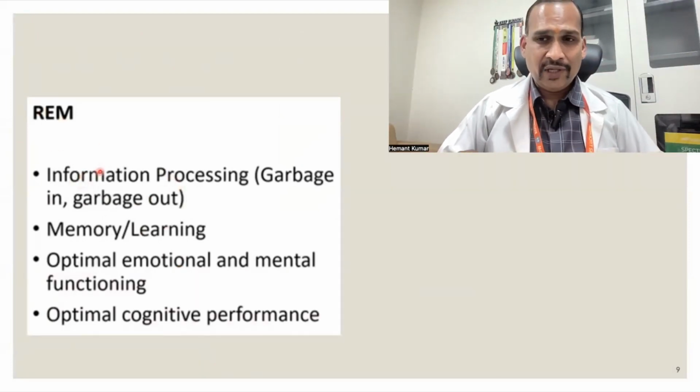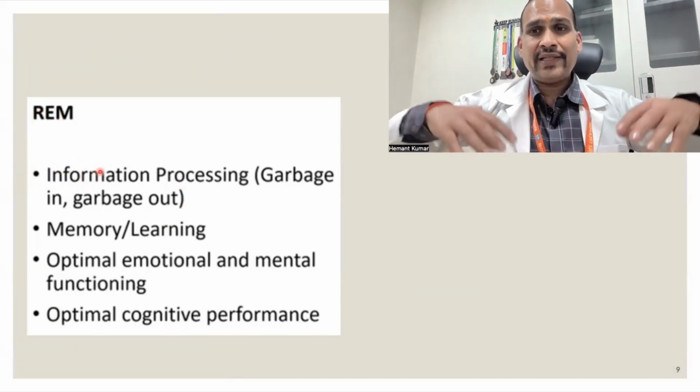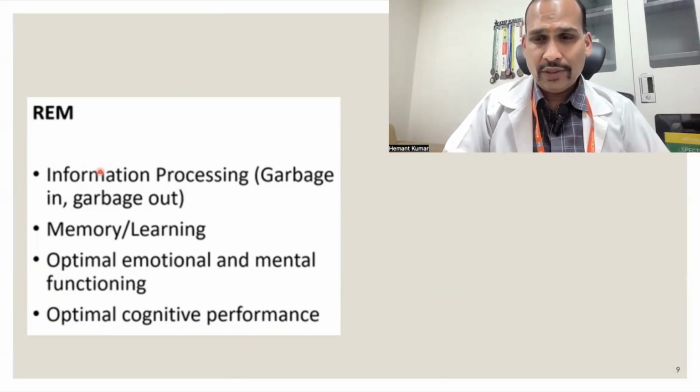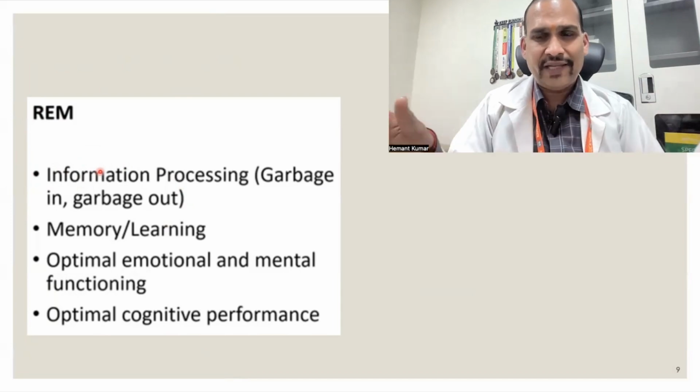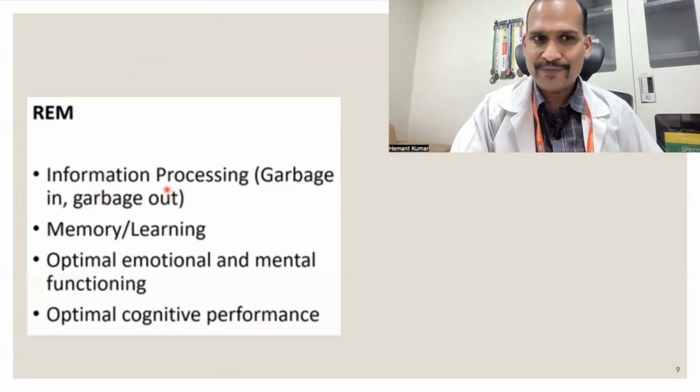Whatever thinking, good thinking is stored inside, bad thinking is going away. So you can feel whenever you get up in the morning, you feel fresh. There is no conflict with anyone, because bad things are suppressed and good things are stored in our body. So garbage in, garbage out.